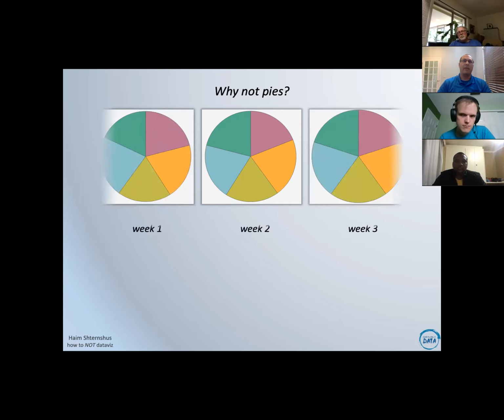But let's say I'm adding 2 more weeks to the equation here, and I want to know who is the salesperson that improved the most from week 1 to week 2 and to week 3. So for any of these questions, given that data here, pie charts, and if you don't agree with me, please interfere and let me know. I think that pie charts in this case are probably a pretty bad tool, because I couldn't answer any of these questions right off the bat.